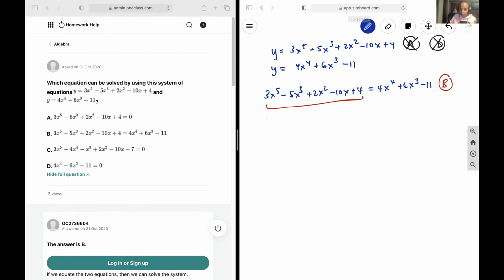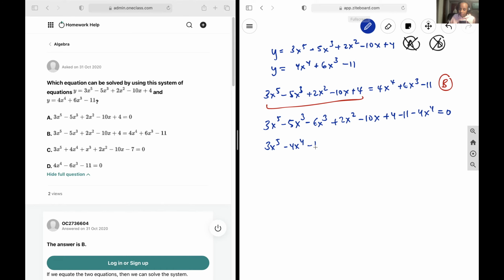And so you would get 3x to the power 5 minus 5x cubed, and then let's move this 6x, so minus 6x cubed, plus 2x squared minus 10x plus 4 minus 11 minus 4x to the power 4 is equal to 0, and then let's write them all down in order.